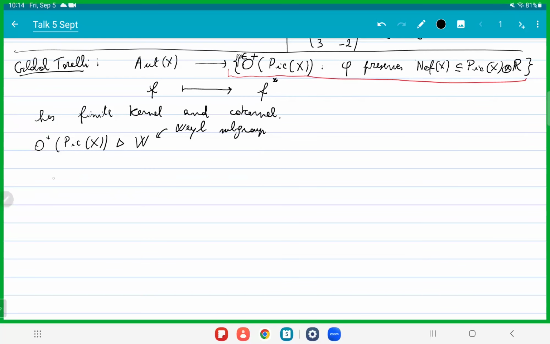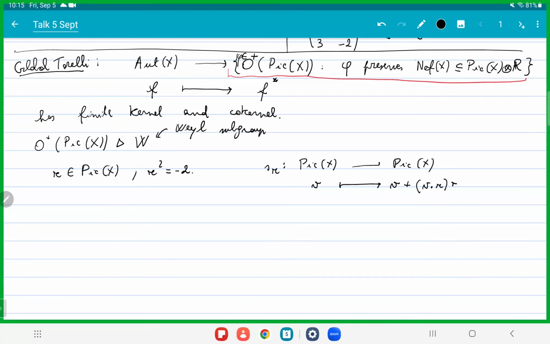So it works as follows. We start with a vector r of square minus 2, so a root. And then we can consider the following isometry s_r from Pic(X) to Pic(X) that takes a vector v and gives back v plus (v dot r) r. One can check that this is an isometry, and there is a precise reason why it is called a reflection, because if you look at reflections in R^n, they have a very similar structure.